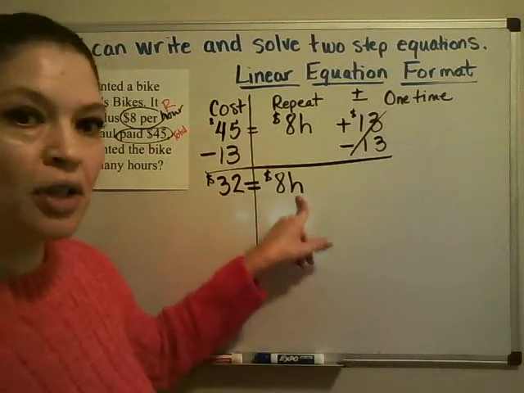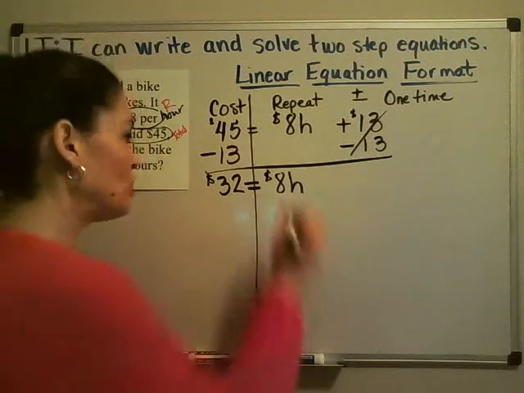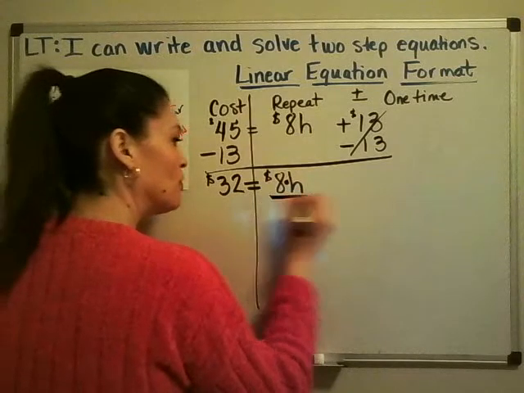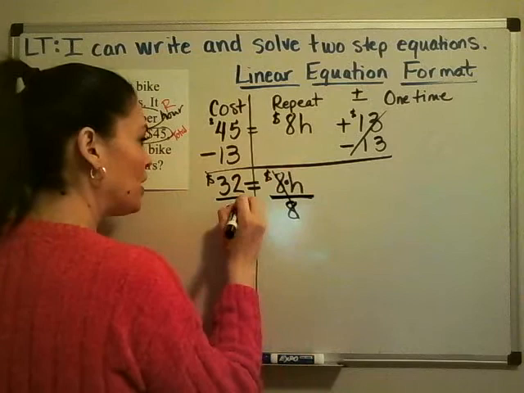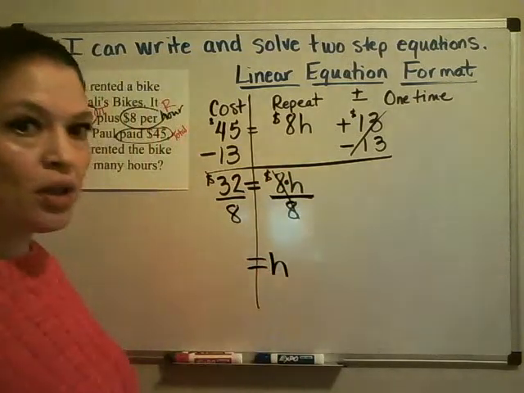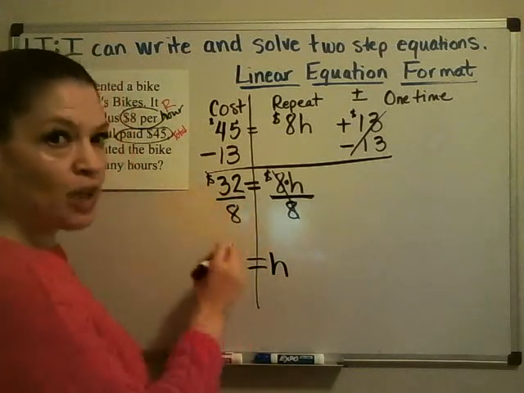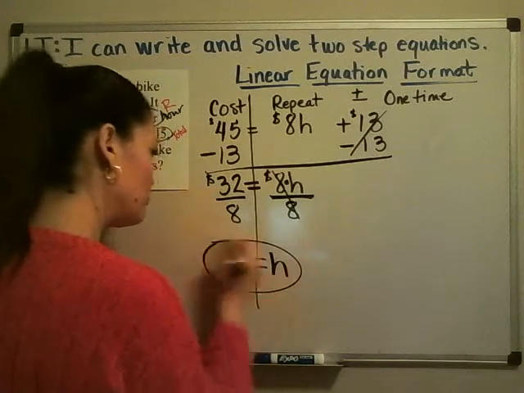What's happening to the variable? It's being multiplied by 8. So if it's being multiplied by 8, I have to divide by 8, cancel, divide by 8. That means that the hours that he rented that bike for had to have been 32 divided by 8, which is 4.